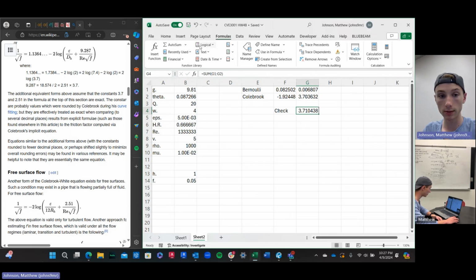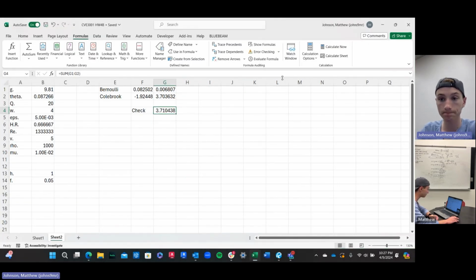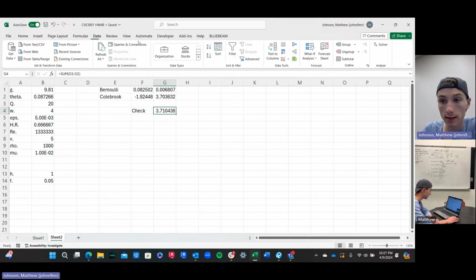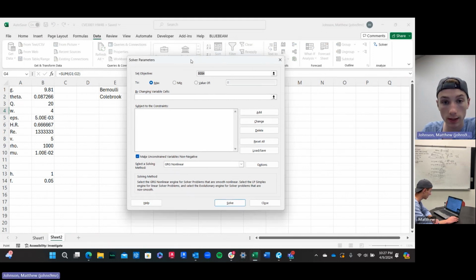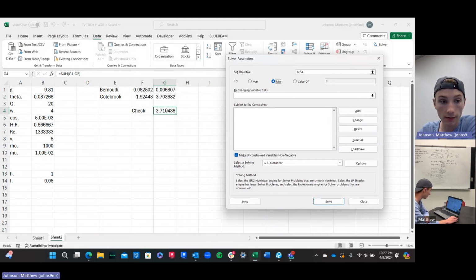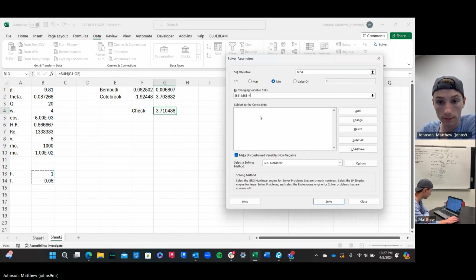Okay, so we can go ahead and use the solver for this. Where's our solver at? I think it's in data. Yep, solver. We want to minimize the value of G4 by changing the cells for height and friction factor. Our unconstrained variables are non-negative.